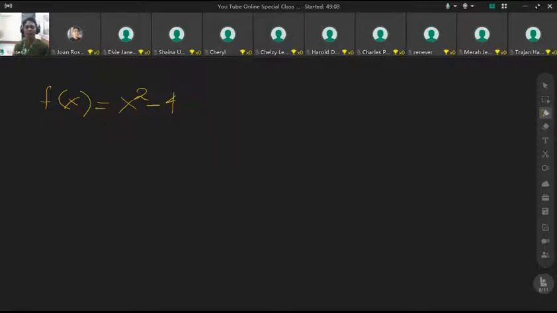Why? There are two values of x for one value of y. So it is 2 to 1, or 1 to 2. How do we graph the inverse of this? That's the time we will restrict.